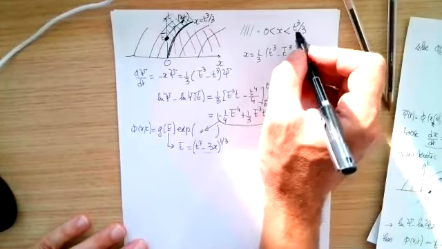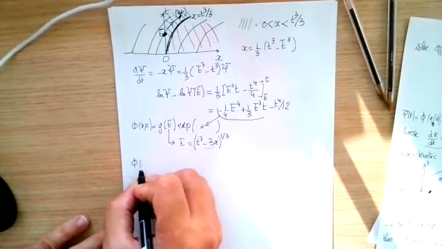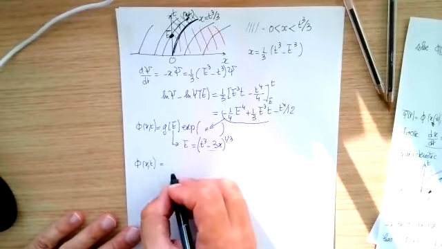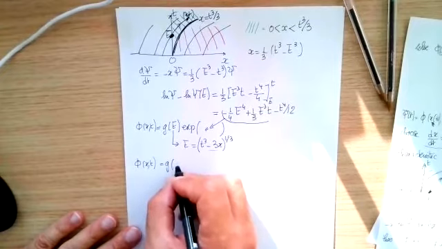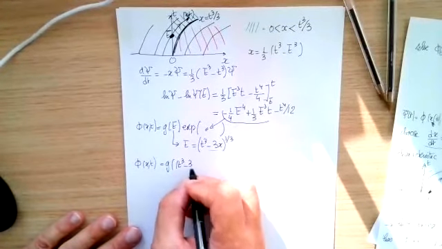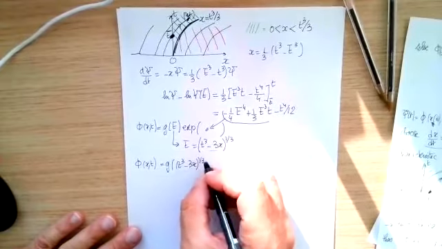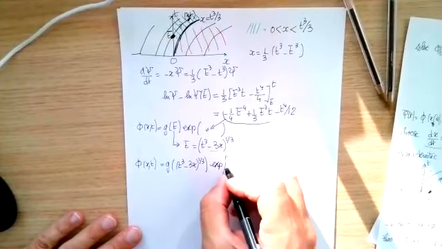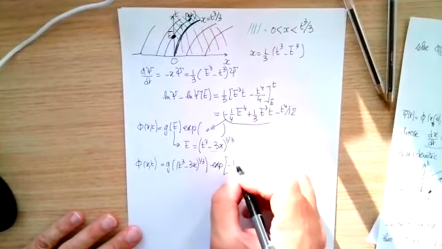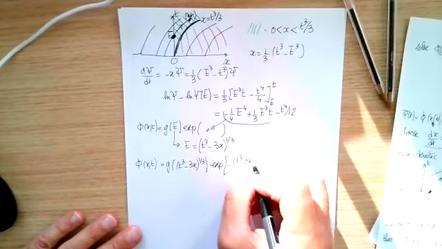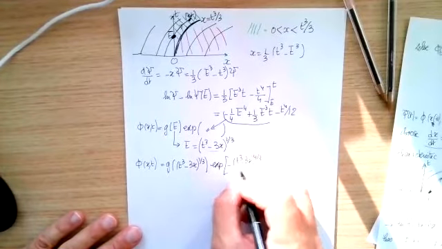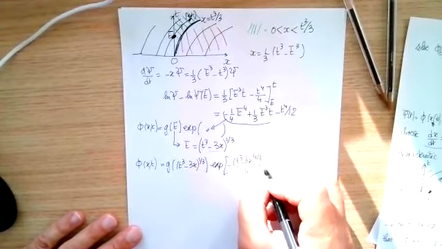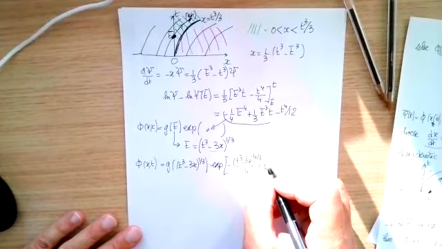That's it. So it means that psi of x and t is equal to g of t cubed minus 3x to the power 1/3, exponential of minus, so t bar, it's (t cubed minus 3x) to the power 4/3 divided by 4 plus 1/3 t bar cube.